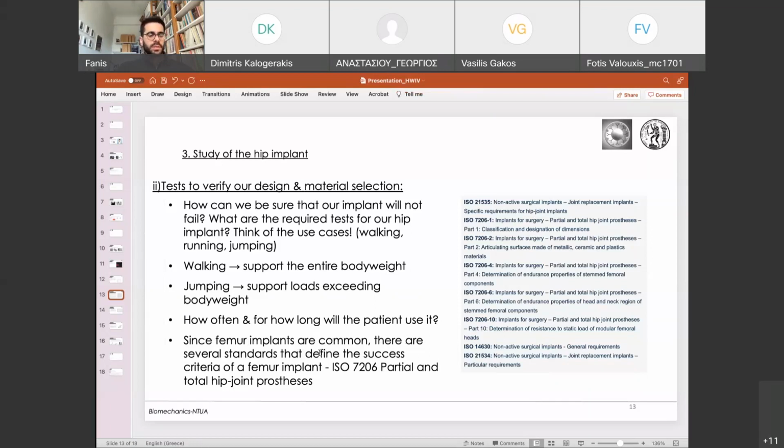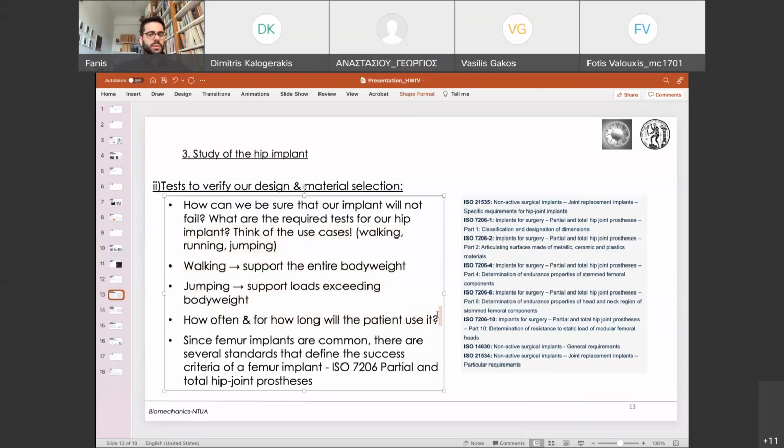So, for example, just for femur implants alone there is ISO 7206, and you can see a long list of ISOs that pretty much define the measures and the metrics of success or failure of an implant, what loads it has to withstand, what geometries it has to cover, and how you can test it. So right now, because it's a very common problem, we can pretty much skip this step.